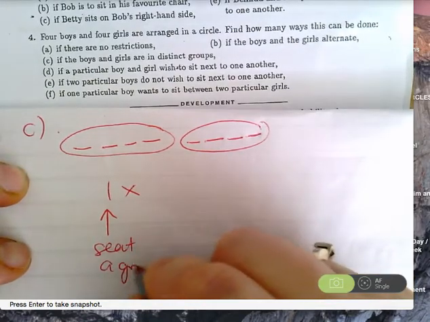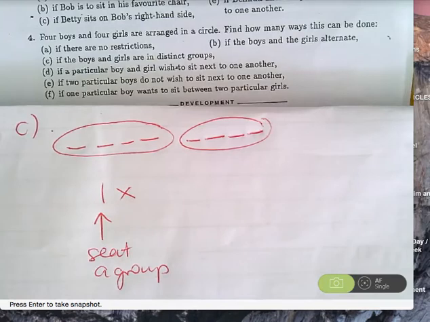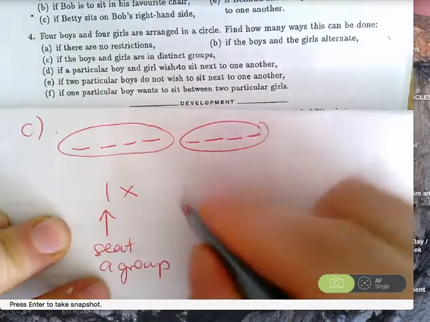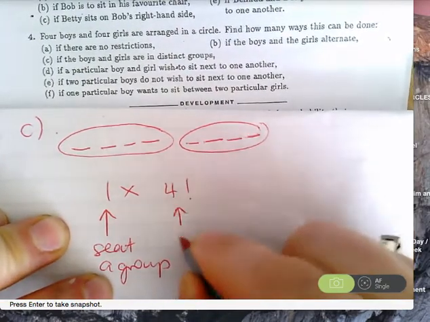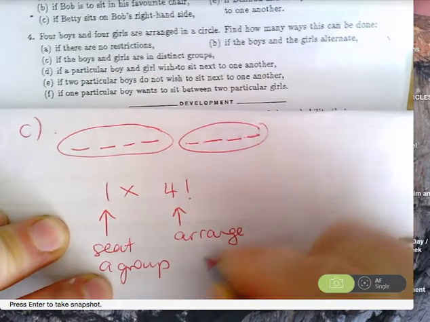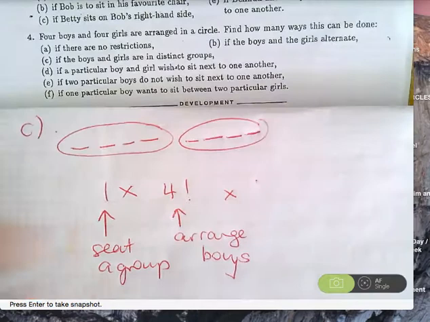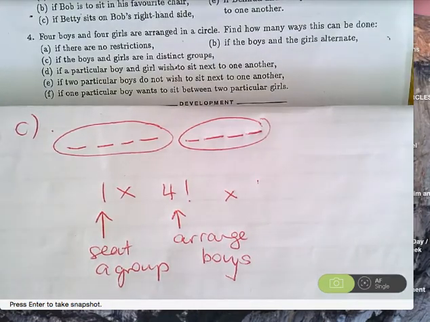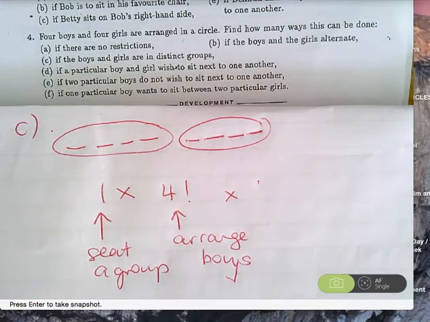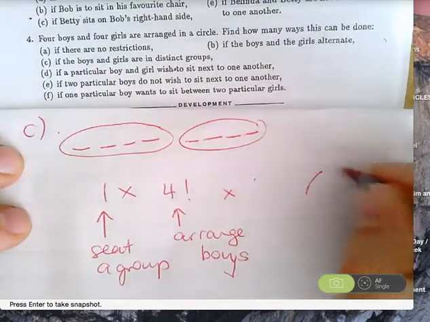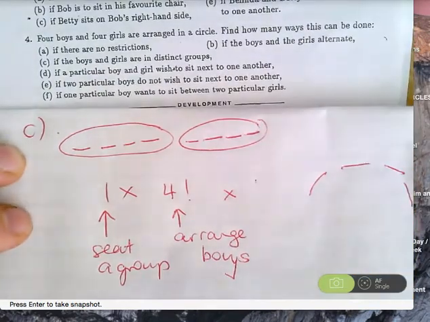Doesn't matter if it's boys or girls, because I could just rotate the table around. And then let's arrange the boys. I've arranged the 2 groups. They can only sit one way.